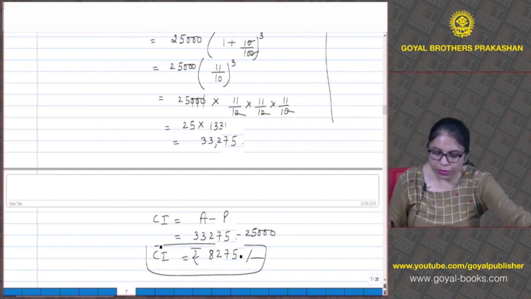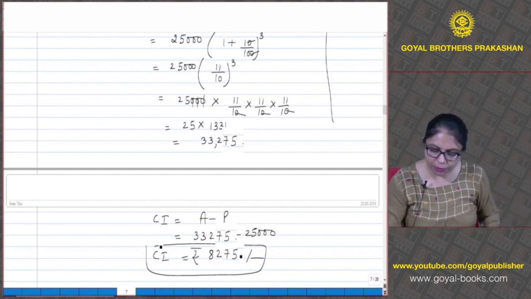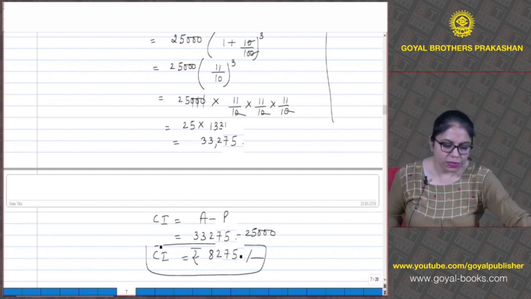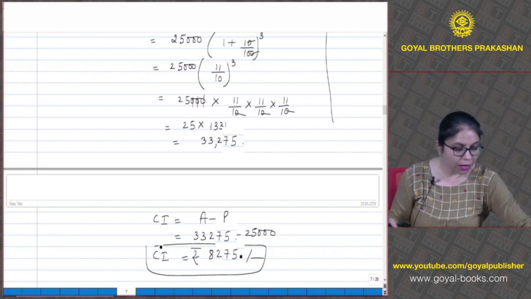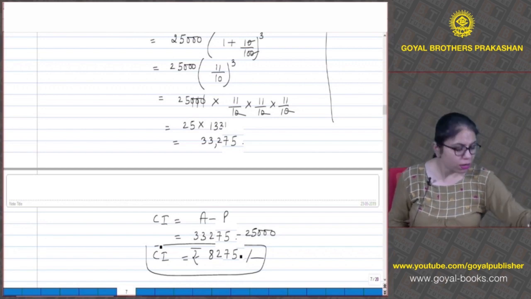So, students, after adjusting the rate and time, we can easily find the compound interest if it is compounding half yearly. Similarly, you can make changes if interest is compounding quarterly or monthly. By making changes in rate and time, you can easily solve the question.